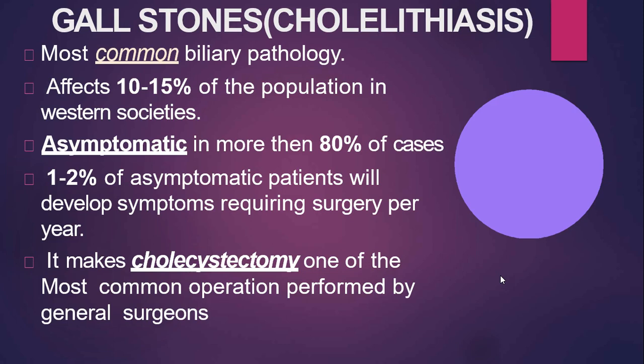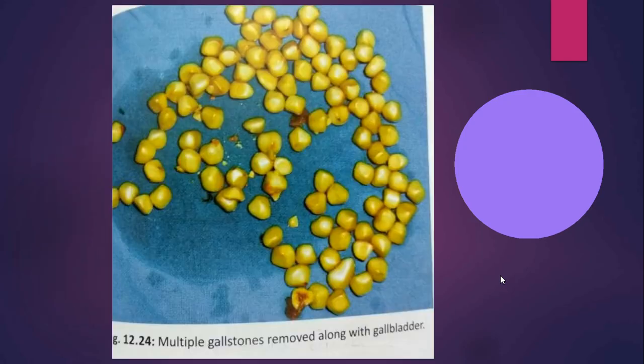In the good old days, they said that only a symptomatic gallbladder requires surgery, but now we are seeing many complications related to asymptomatic gallstones. I always suggest that whenever there is a stone in the gallbladder, you take it out before it produces complications for the patient. So it makes cholecystectomy one of the most common operations performed by general surgeons.